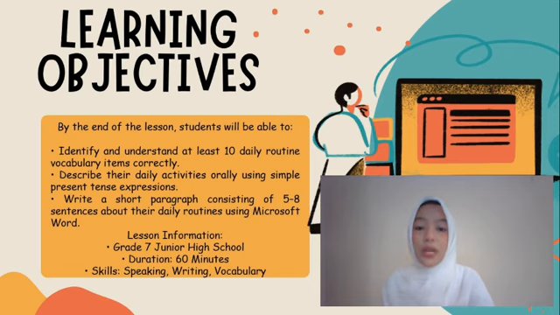Second, students will be able to describe their daily activities orally using simple present tense expressions. And third, students will be able to write a short paragraph consisting of 5 to 8 sentences about their daily routine using Microsoft Word.